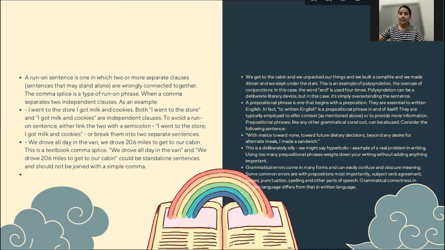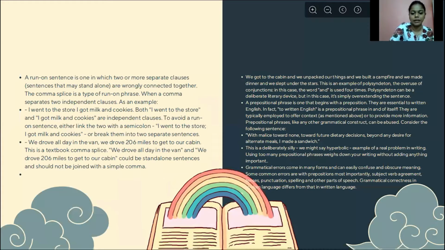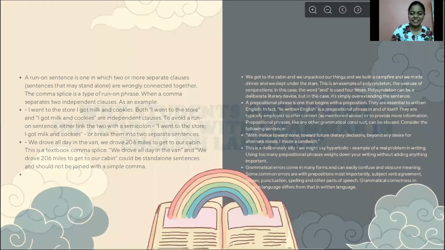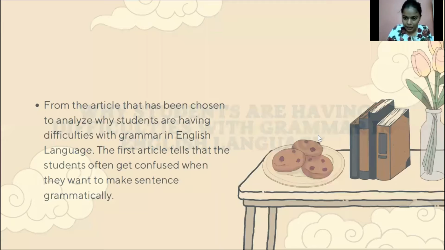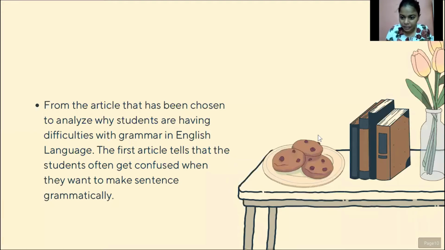Okay, now I will explain why students are having difficulty with grammar in the English language. So the first one: learning the English language will be effective if the students understand the grammar well.